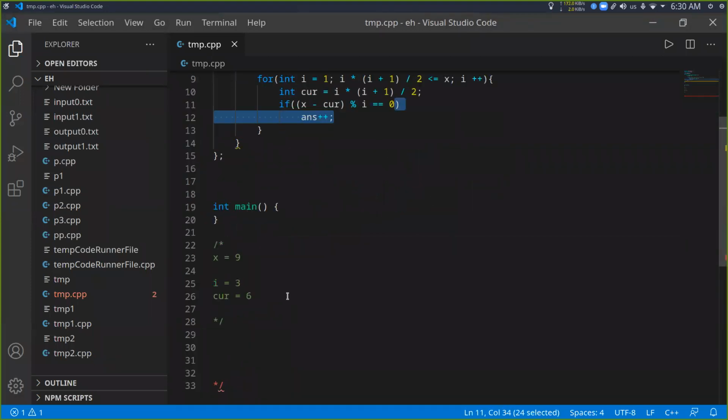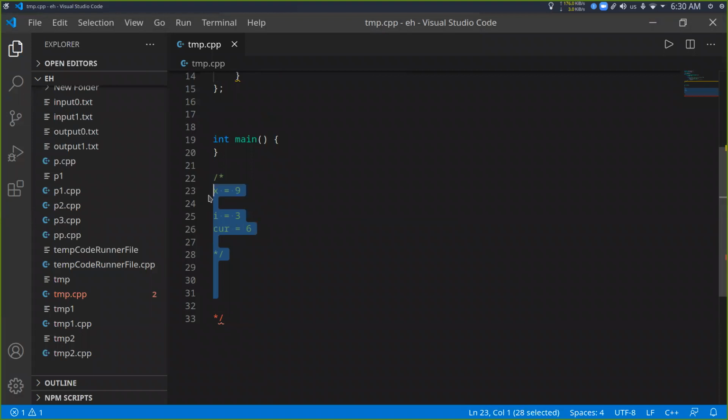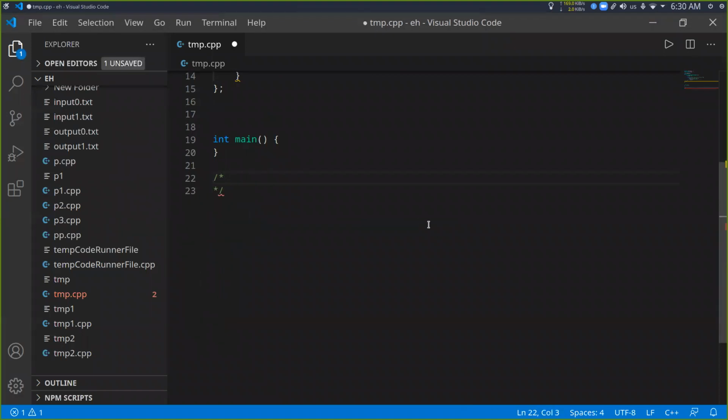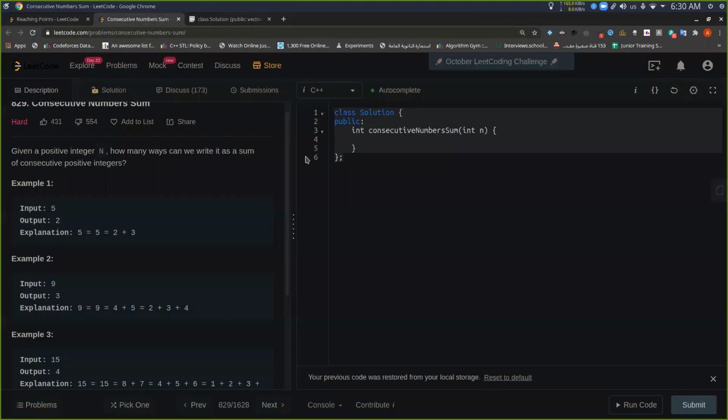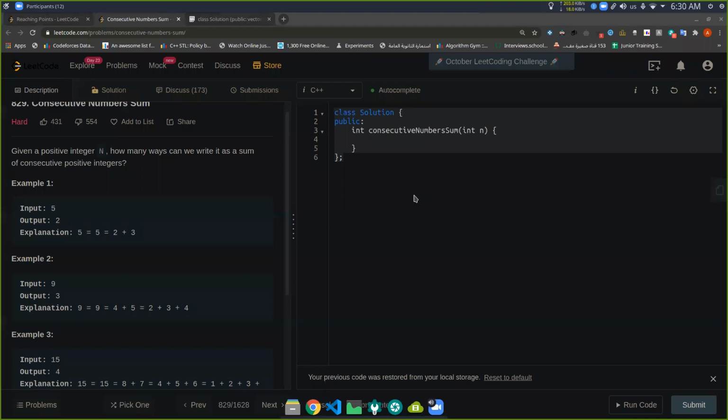Okay, so everything is clear in this problem. Anyone have any questions? Any questions? So that means everything is understood?